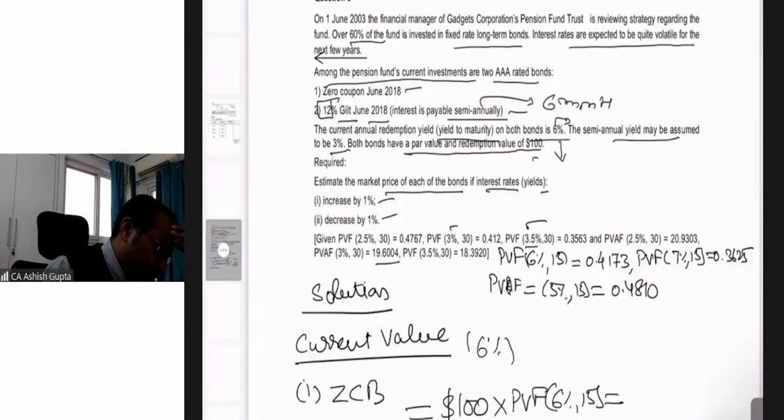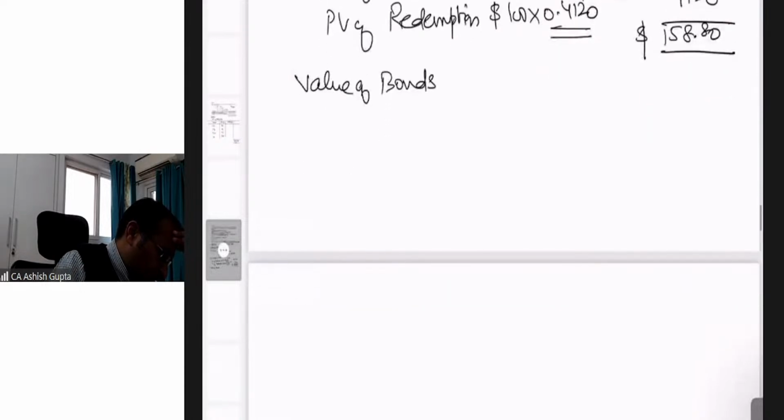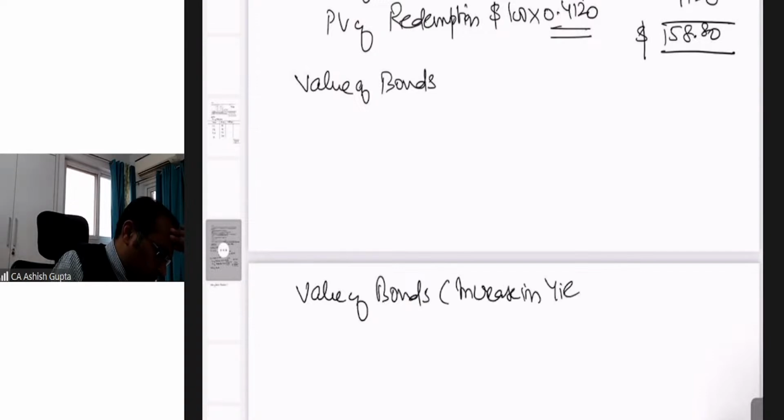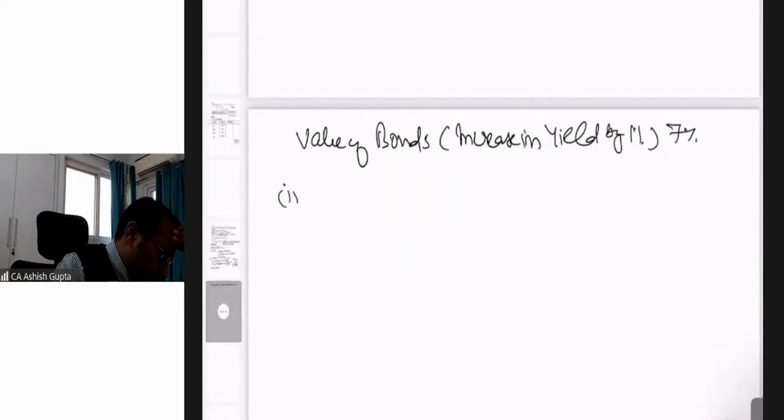For semi-annual, it will become 3.5. So I do it on the next page. Zero coupon bond.